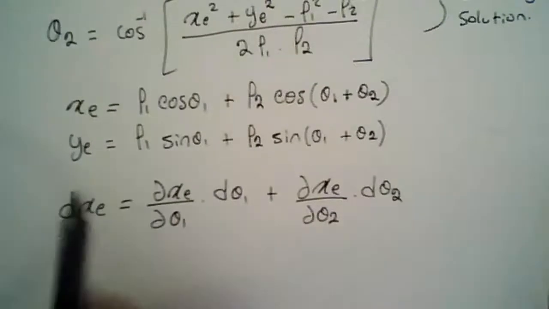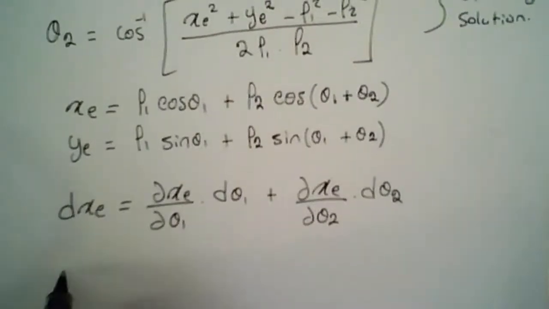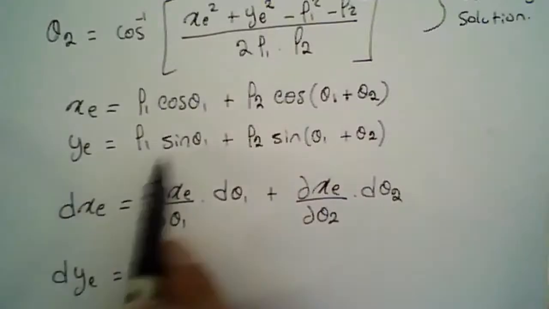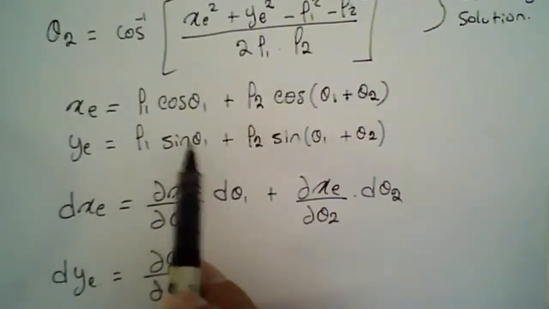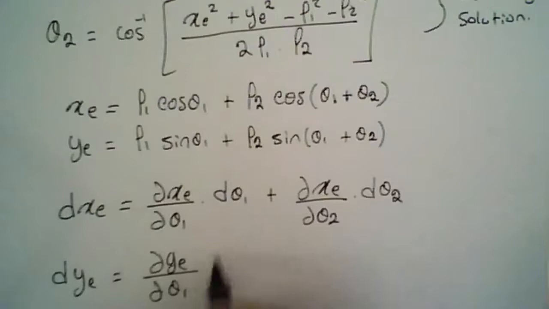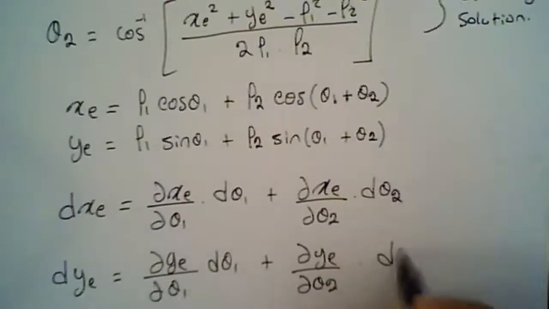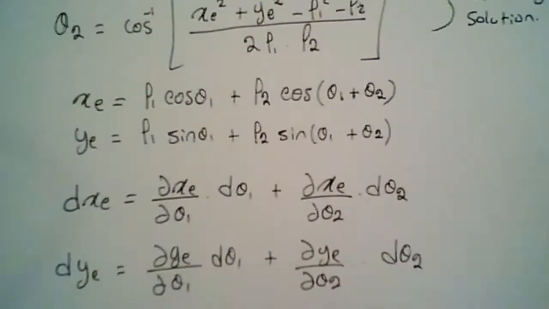All right, and I'm going to do the same thing on ye. So what is dy? Dy is going to be equal to, again, the partial derivative of ye with respect to theta 1, because ye is also a multivariable function of theta 1 and theta 2, multiplied by d theta 1, plus the partial derivative of ye with respect to theta 2 multiplied by d theta 2.